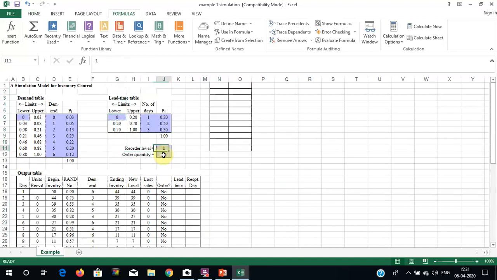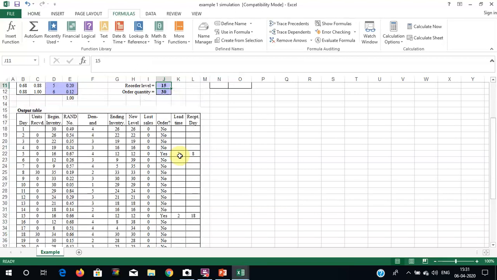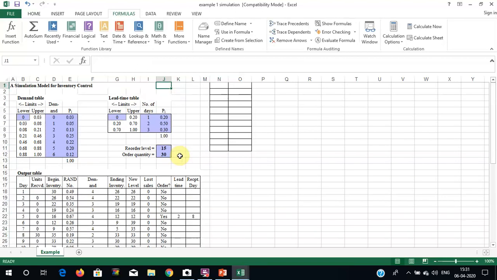So probably this inventory policy is not good, and our initial inventory policy of reorder level of 15 and order quantity of 30 is a fairly good inventory policy for this store, and it gives us a 100% service level.